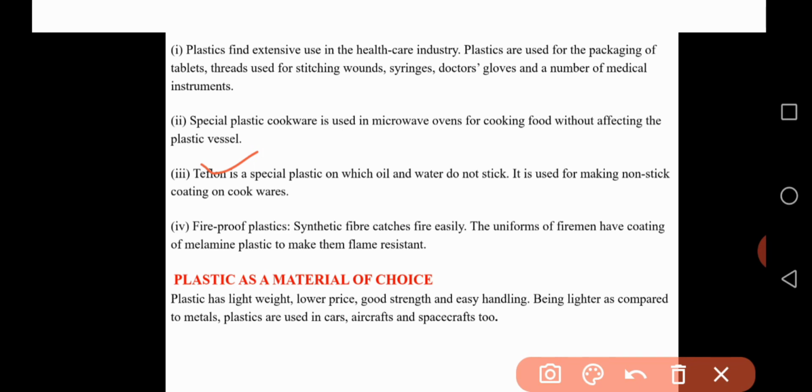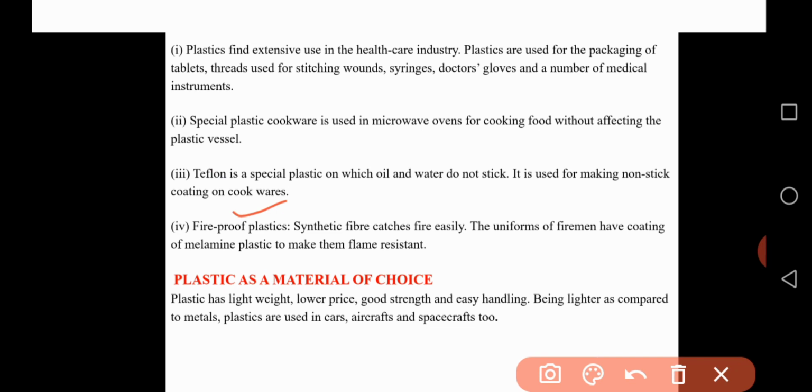So it is a non-stick plastic, Teflon, and we can store oil items on it. We also use Teflon for making non-stick coating on cookware. Similarly, some plastics are fireproof plastics that resist fire.